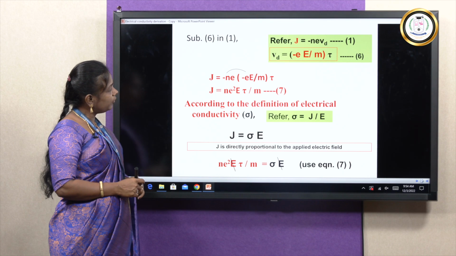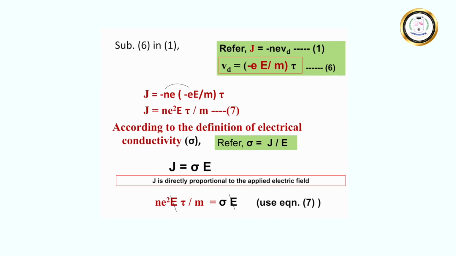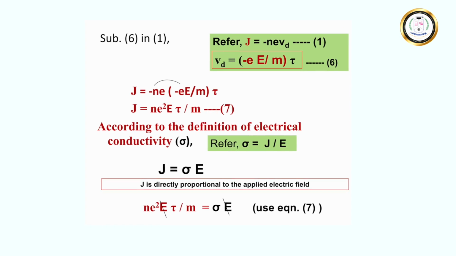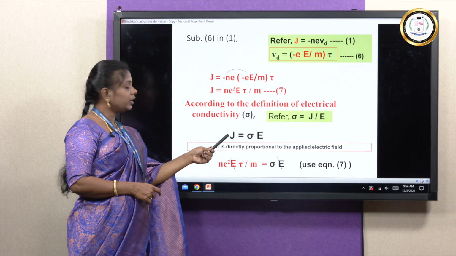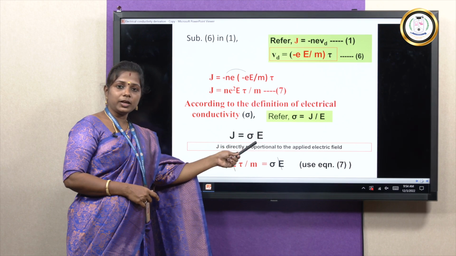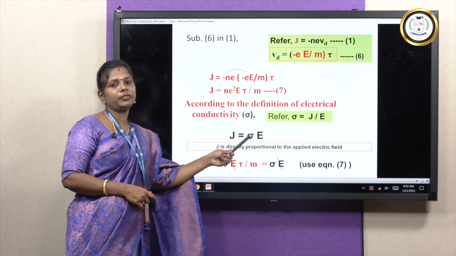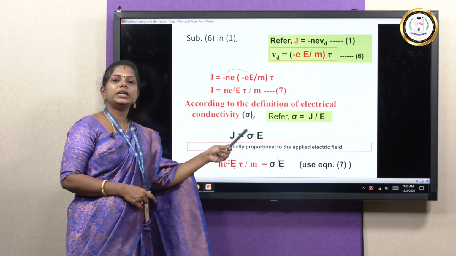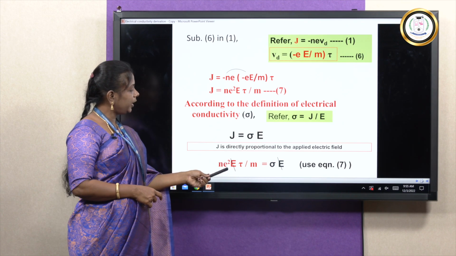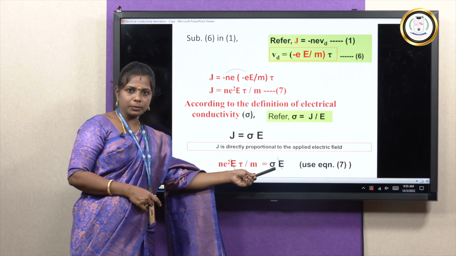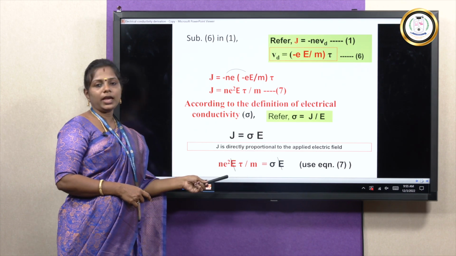So, when we equate, N e square capital E tau by m is equal to sigma into E, because current density is always directly proportional to the applied electric field. As a proportionality constant, we use the electrical conductivity term sigma. So, by equating J with sigma E, the E's are cancelled.